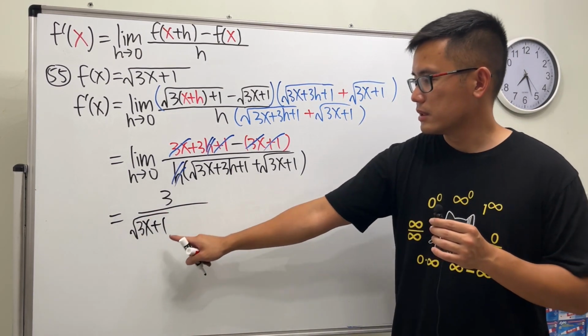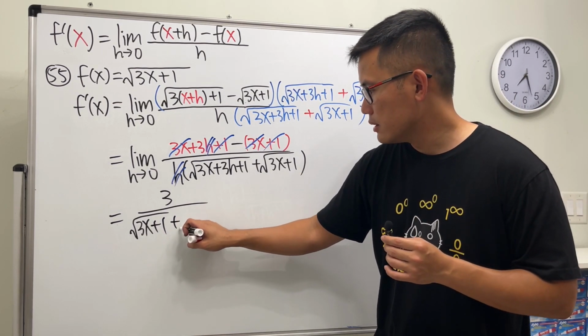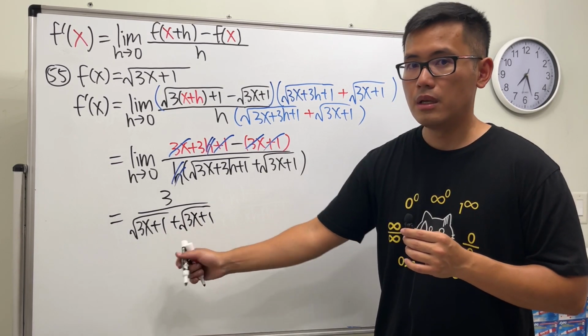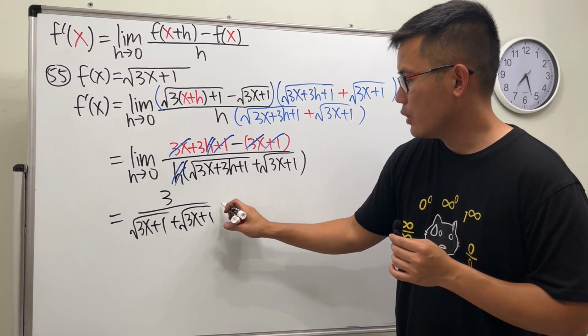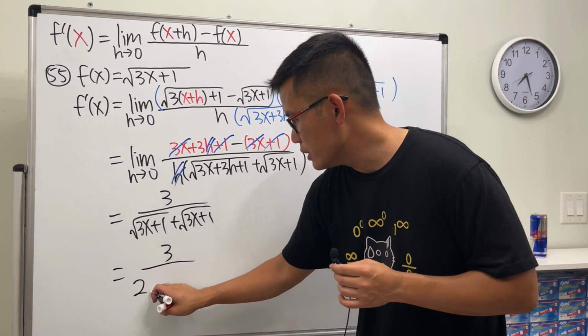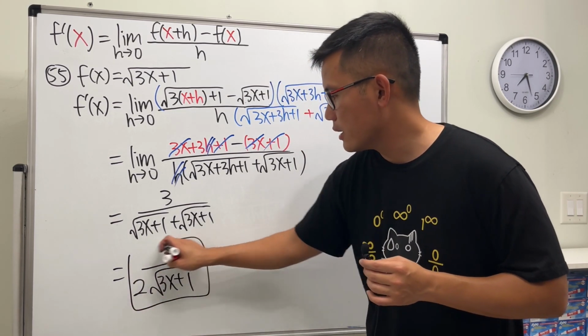That's the first square root. And now we actually have another one, huh? Wow. And they happen to be the same. And we're adding. Therefore it becomes 2 of them. So all in all, we have 3 over 2 square root of 3x plus 1. Done.